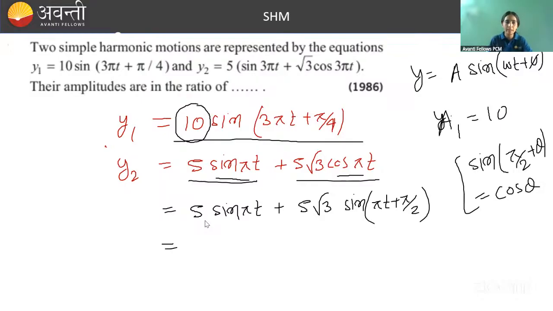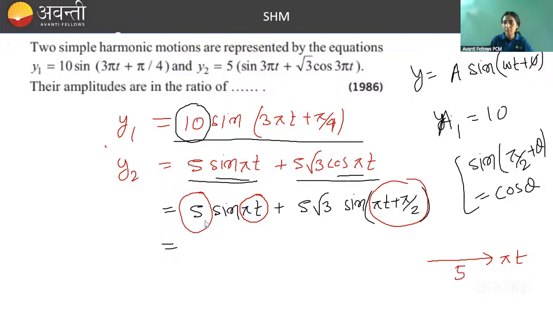Now you can see both are in sine function. Now what you have to do is simply check the angle. So it has angle of πt, and it has angle of πt + π/2. So let's say this is the line indicating angle πt. Along the angle πt, we have the first SHM, which has amplitude 5.